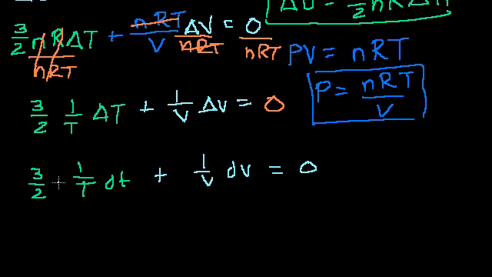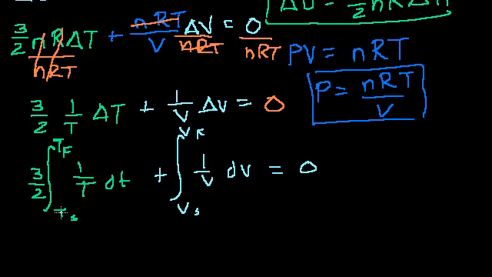And now I want to integrate over the total change in temperature and the total change in volume. So I want to go from temperature start to temperature finish, and from volume start to volume finish.